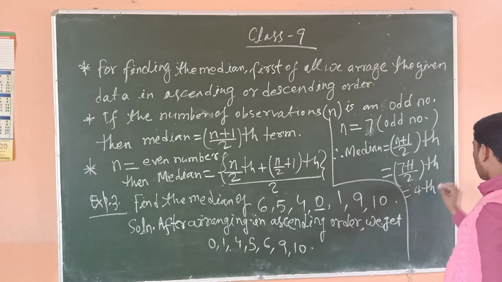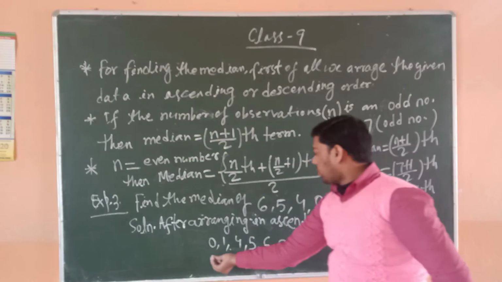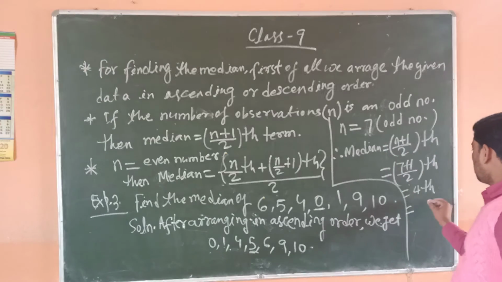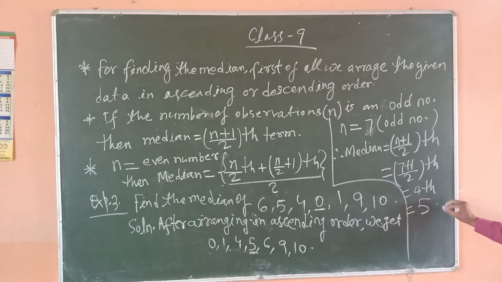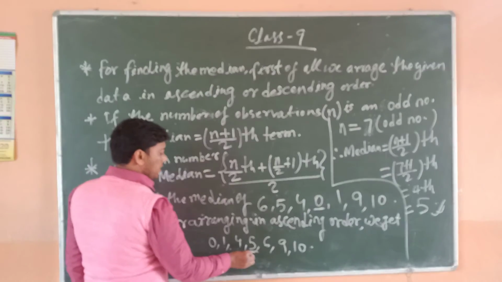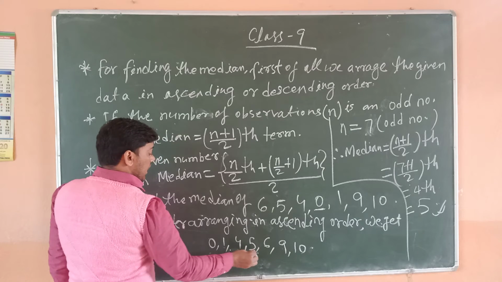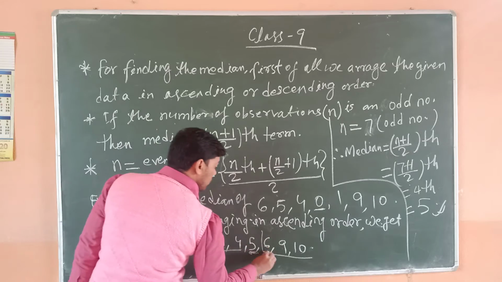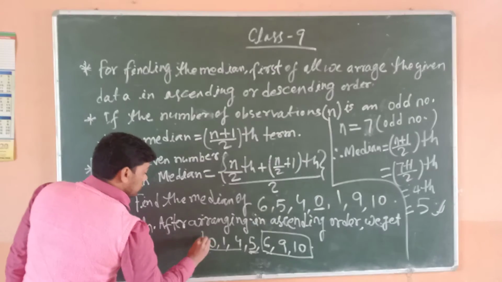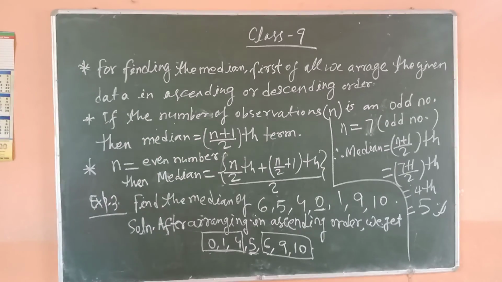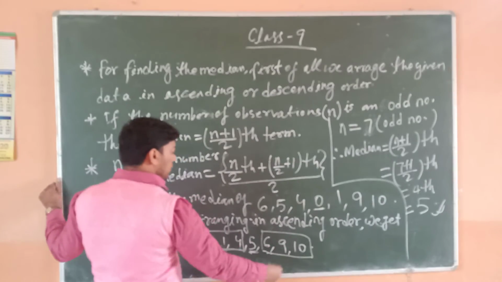That is the 4th term. See the 4th term: 1, 2, 3, 4. The 4th term is 5. So 5 is the correct median. See here, 5 divides the given data into equal parts.